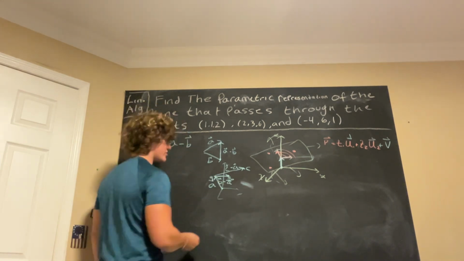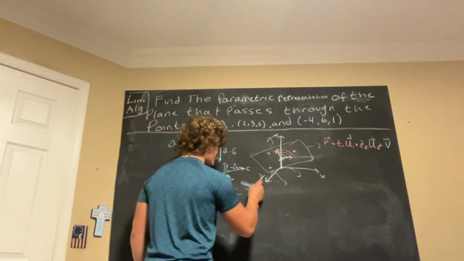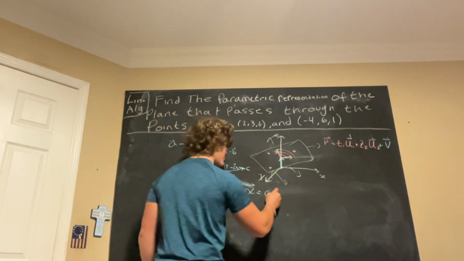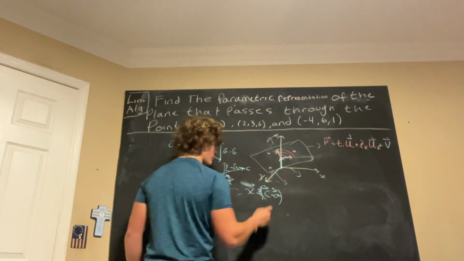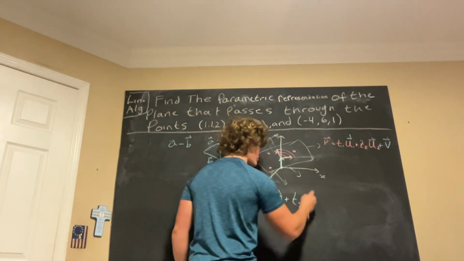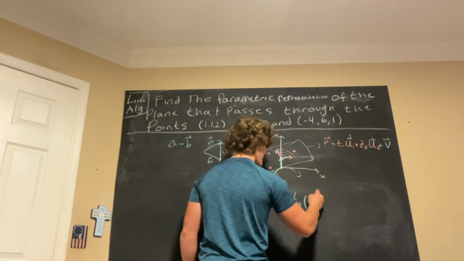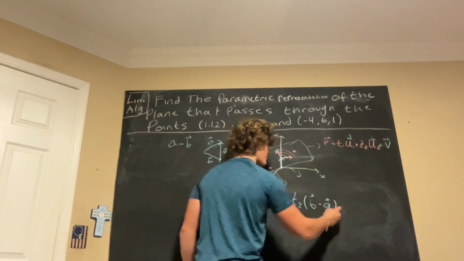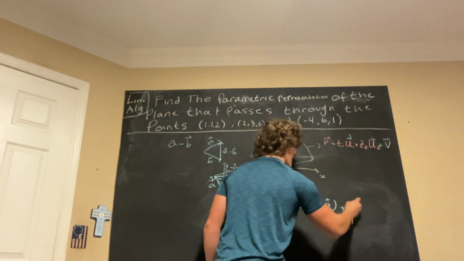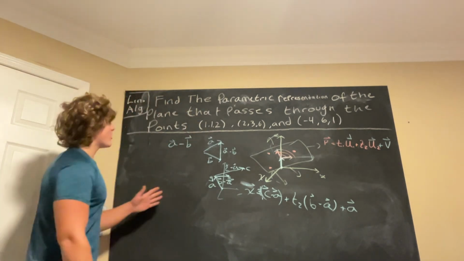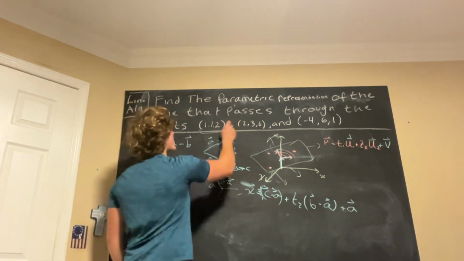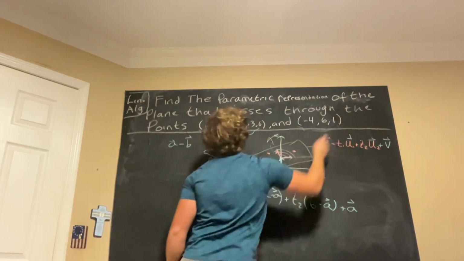So our equation would be our vector x is equal to c minus a, multiplied by a scalar, t1, plus t2 times b minus a, plus vector a. So this is our parametric representation of a plane. Now, let's set this as our a, this is our b, and this is our c.